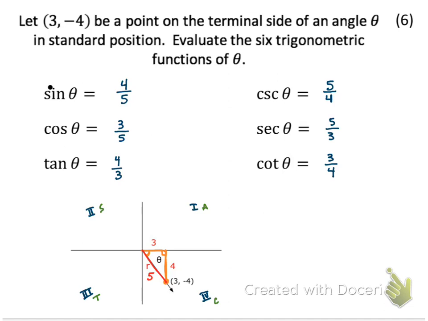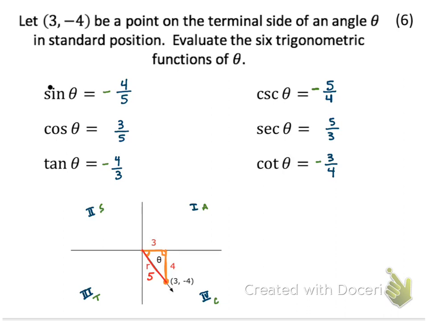This means that sine and cosecant should both be negative since we are in quadrant 4, and tangent and cotangent should be negative since we are dealing in quadrant 4.